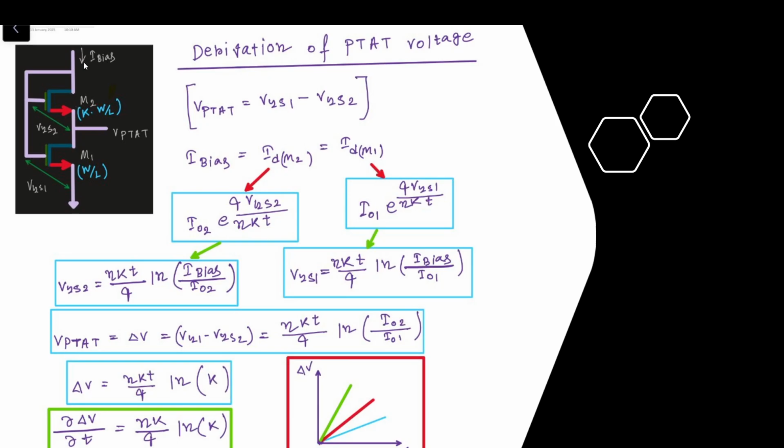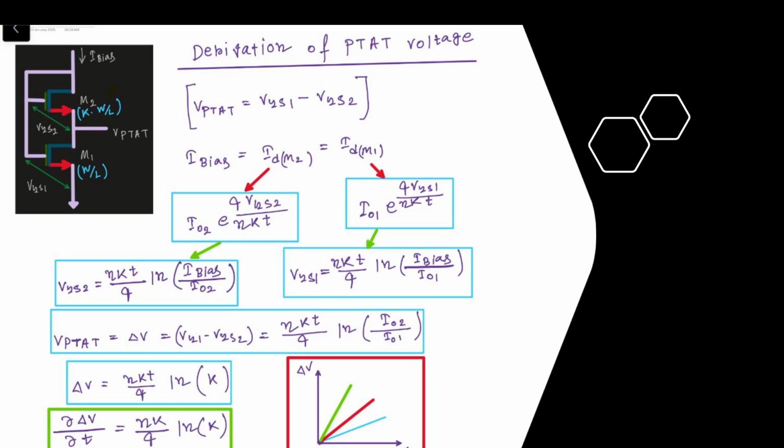Basically I bias flows through the M2 transistor and M1 transistor. So my I bias current is equal to IDM2 or IDM1, both are the same. For IDM2, the equation is I naught 2 e to the power q VGS2 by eta kt. And for IDM1, that is I naught 1 e to the power q VGS1 by eta kt, where I naught 1 and I naught 2 are also proportional to your W/L parameter.